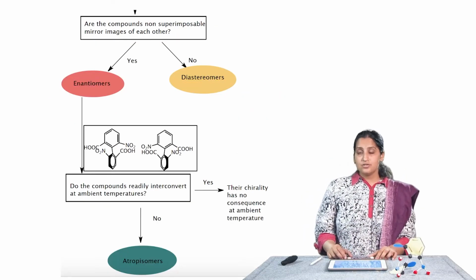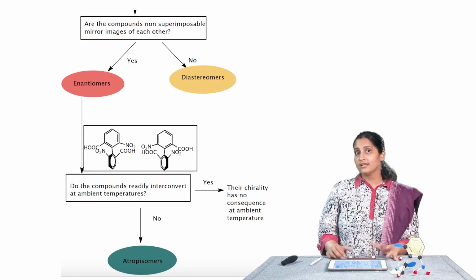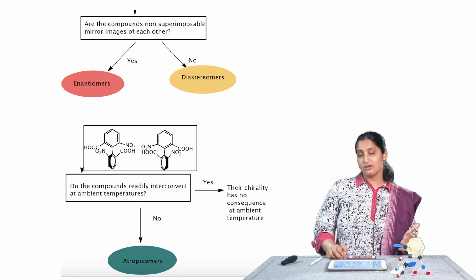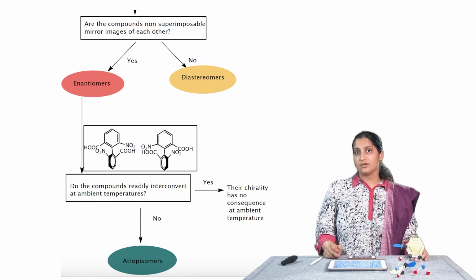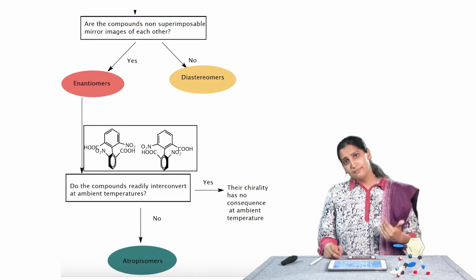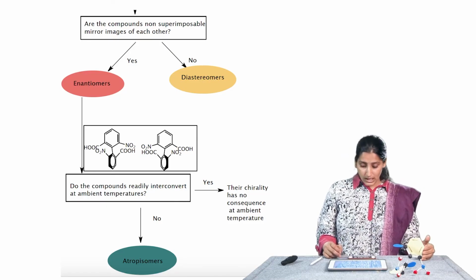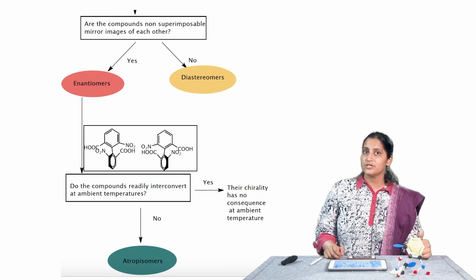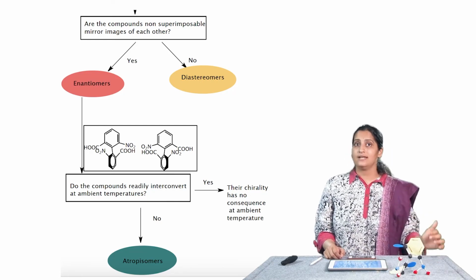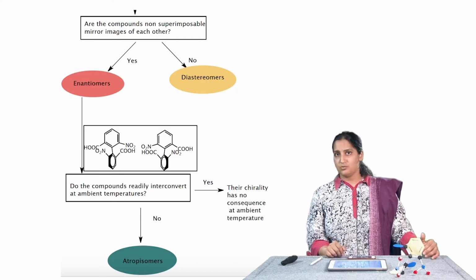The next question to ask, in the case of conformational isomers as well, as you saw with butane, where there was a pair of enantiomers as well as a pair of diastereomers in the conformational analysis, is the same: are the compounds non-superimposable mirror images of each other? If yes, then they are enantiomers. If the answer is no, then they are diastereomers.